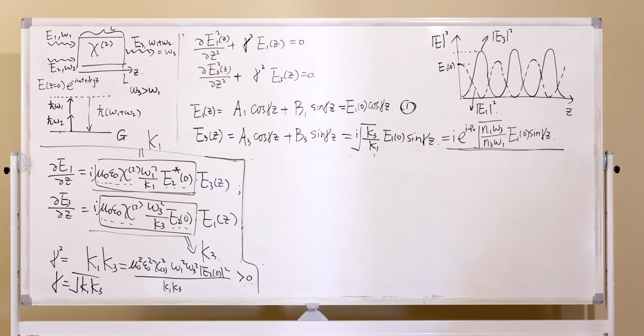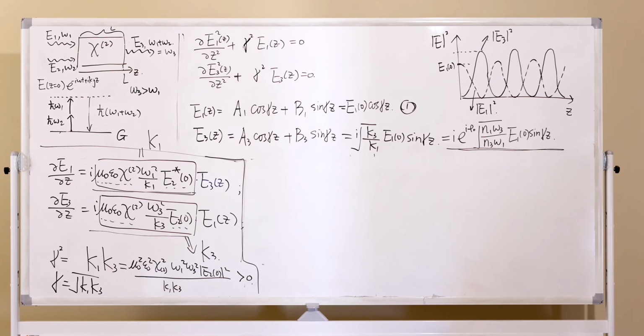So then what this says is that one photon at frequency omega 3 is consumed or annihilated, and then it generates a photon omega 2 and a photon omega 1.